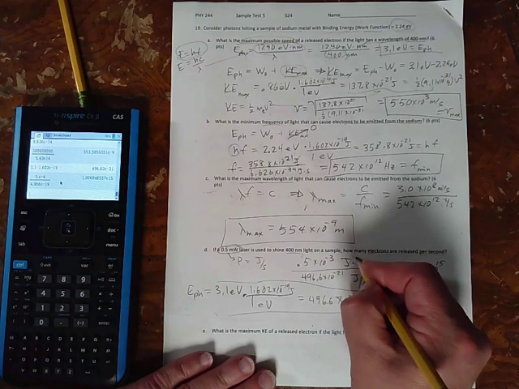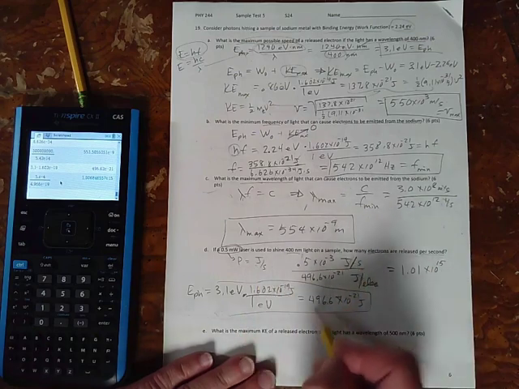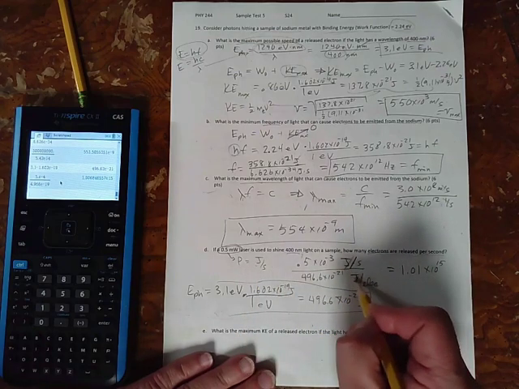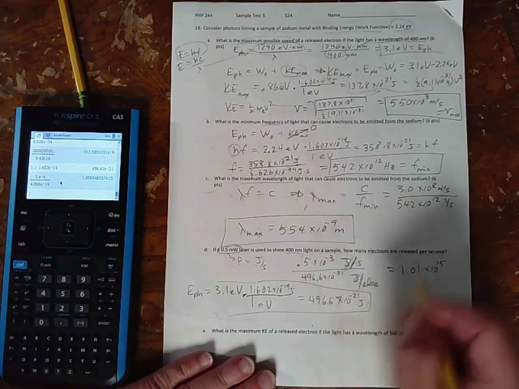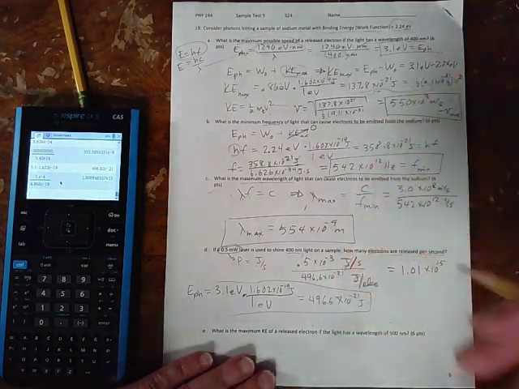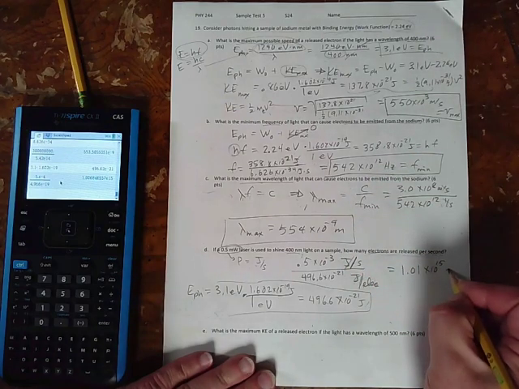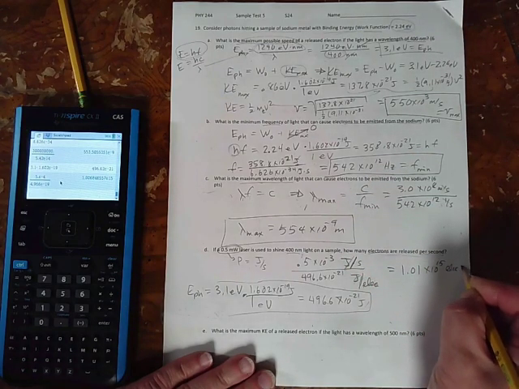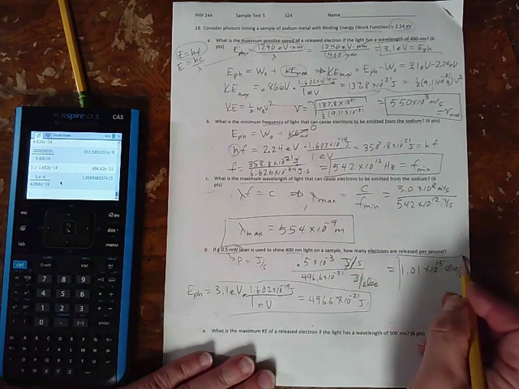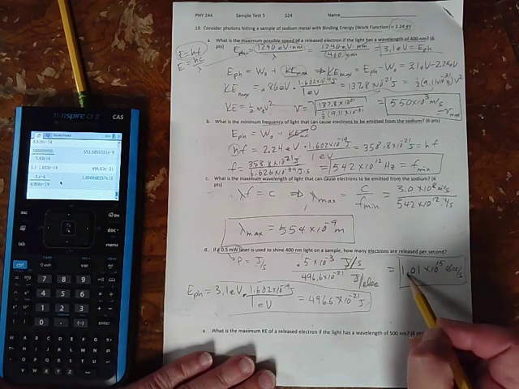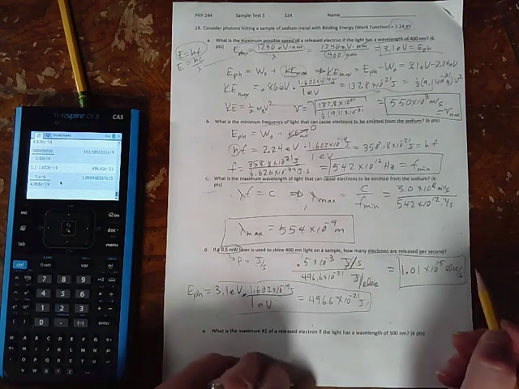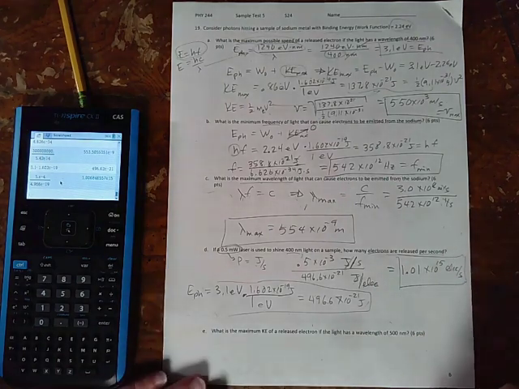That shouldn't be joules times seconds, it should be joules per second. The joules cancel, and we've got electrons on the bottom of the fraction, so when we flip over and multiply, it becomes electrons per second. All right, so that's how many electrons are released per second. A whole bunch. 1.01 times 10 to the 15th electrons per second.